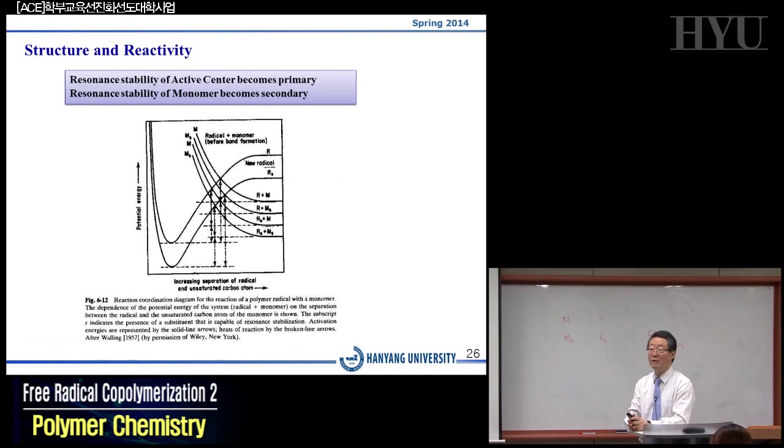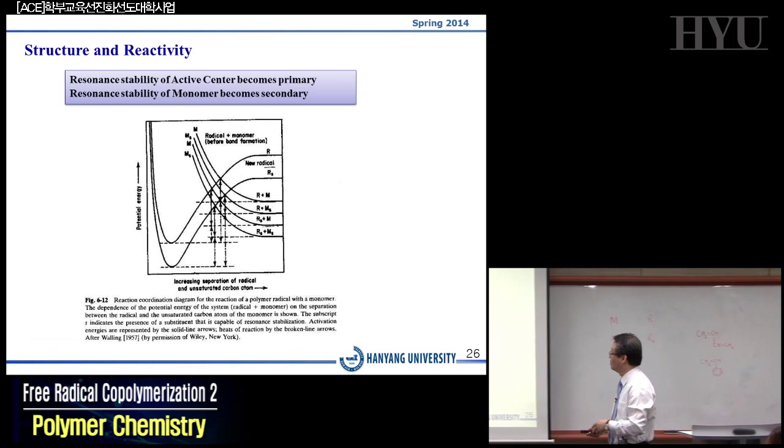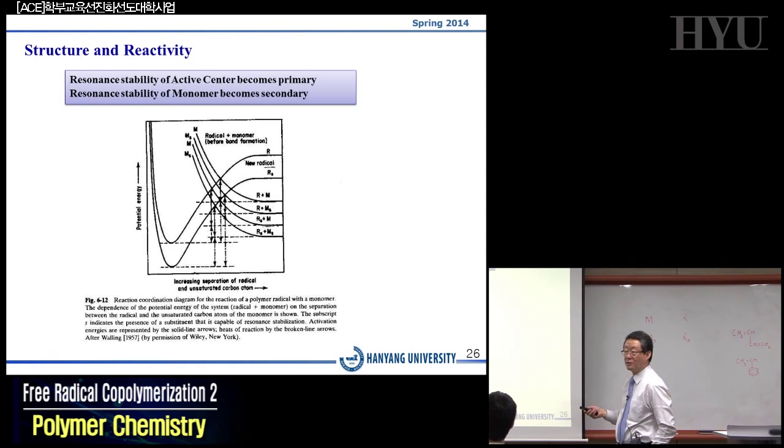So what about the values? What about the delta E? This is too busy a table, so let me summarize those values.